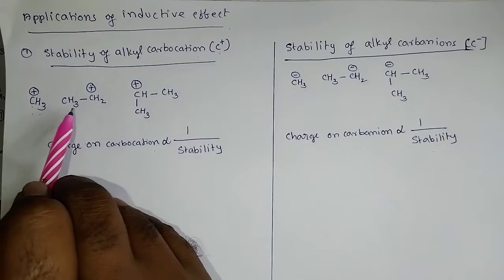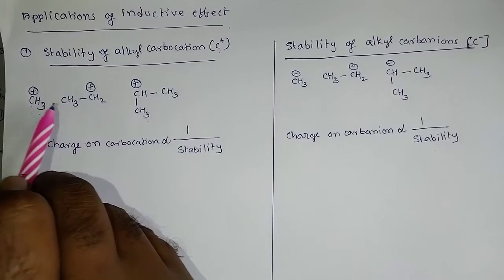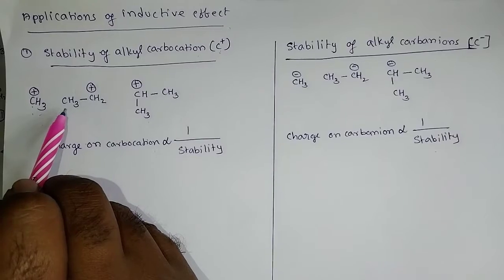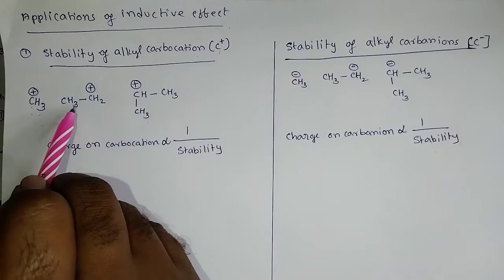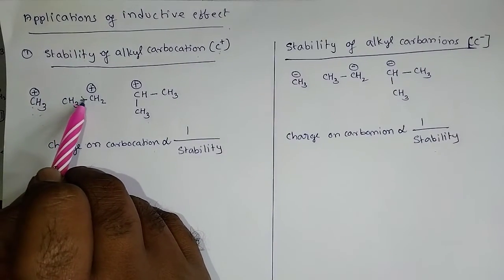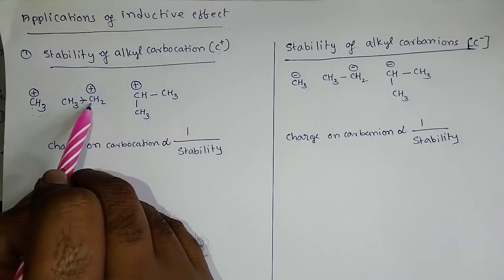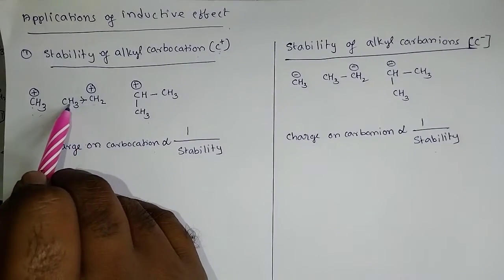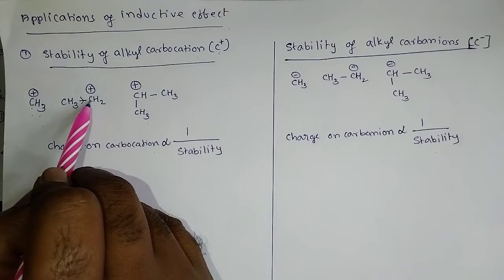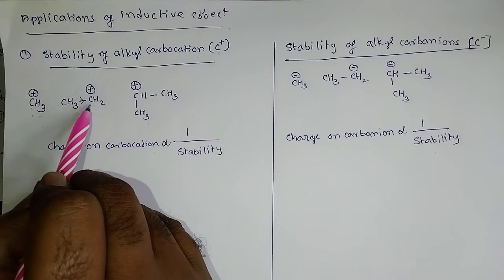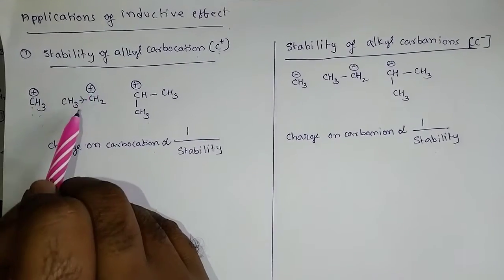Whereas in this example one methyl group is there. Methyl group acts as an electron donating group, so the methyl group donates electrons to this carbocation. When the methyl group donates electrons to this carbocation, positive charge decreases.